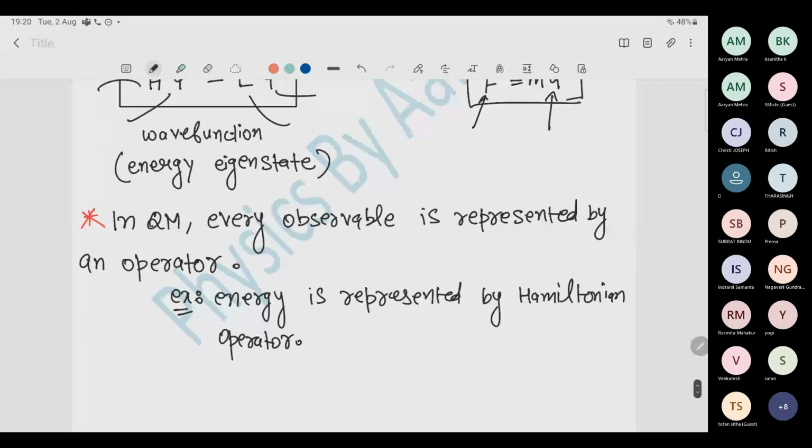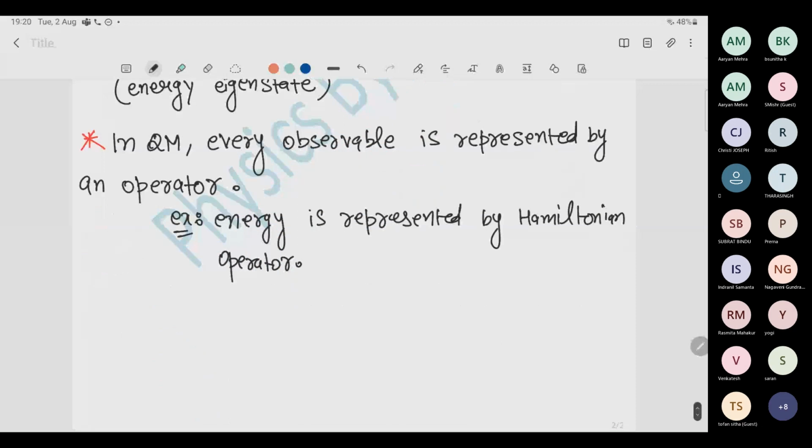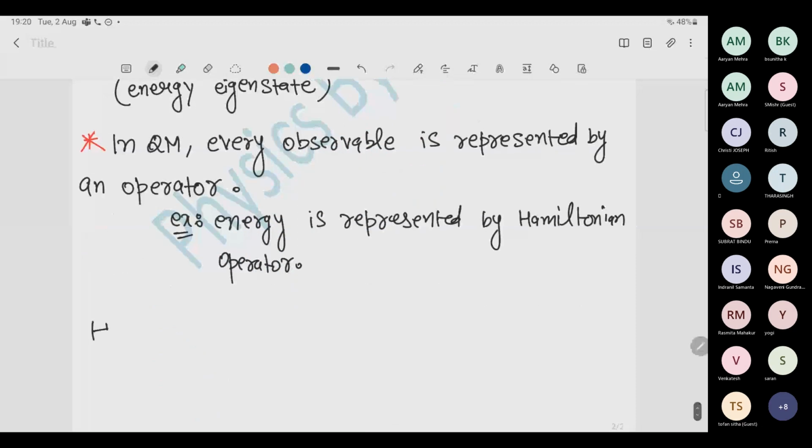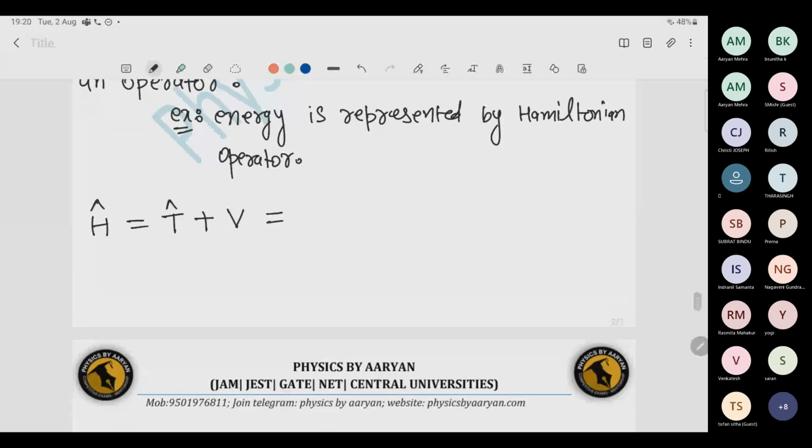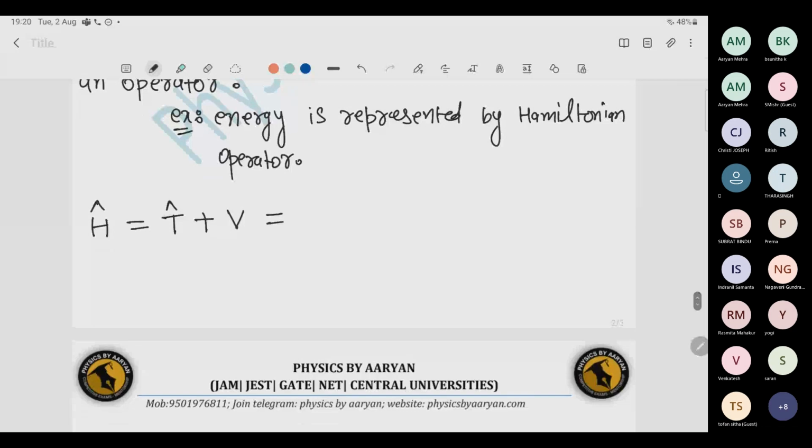So let's dig down. What is actually this H-hat? H-hat is a kinetic energy operator plus the potential energy operator, because we know total energy is a sum of kinetic energy plus potential energy. Similarly, the operator H-hat will be the kinetic energy operator plus the potential energy operator. What is the kinetic energy operator?